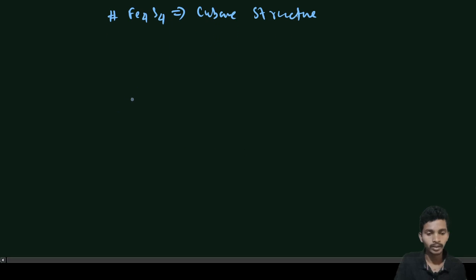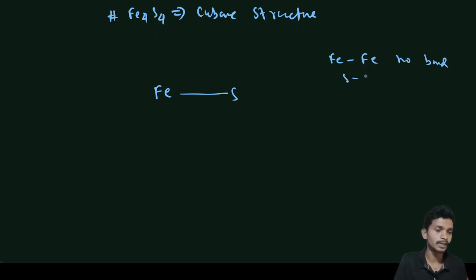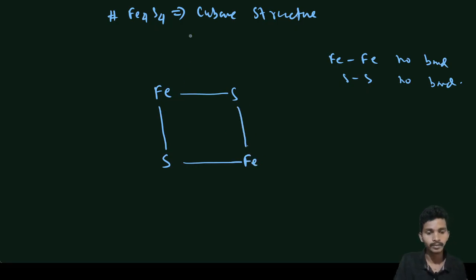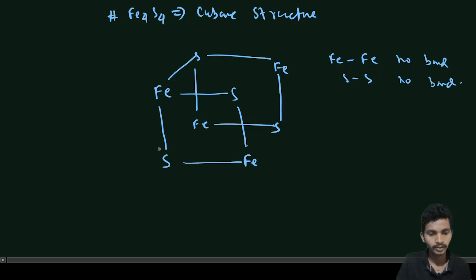How will it look? Let's say Fe is there and S, and no Fe-Fe bond should be present, and no S-S bond should be present. Okay, while doing the structure, you have to remember this. So here, let's say if I do S, Fe, let's say S. So now if I do Fe here, S here, Fe, here S, then I will join here this.